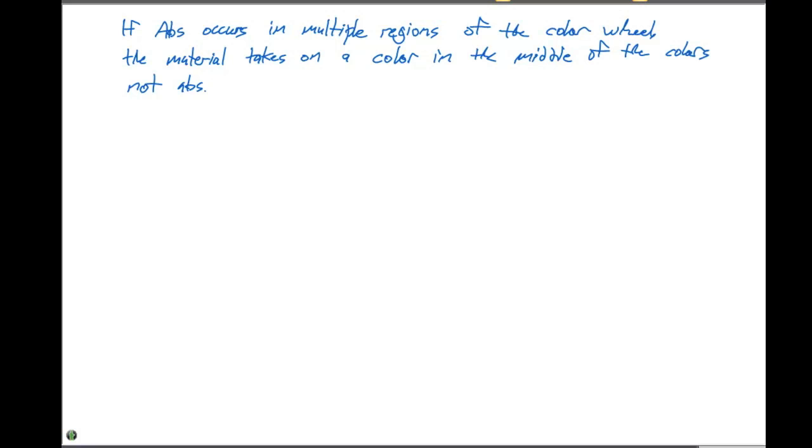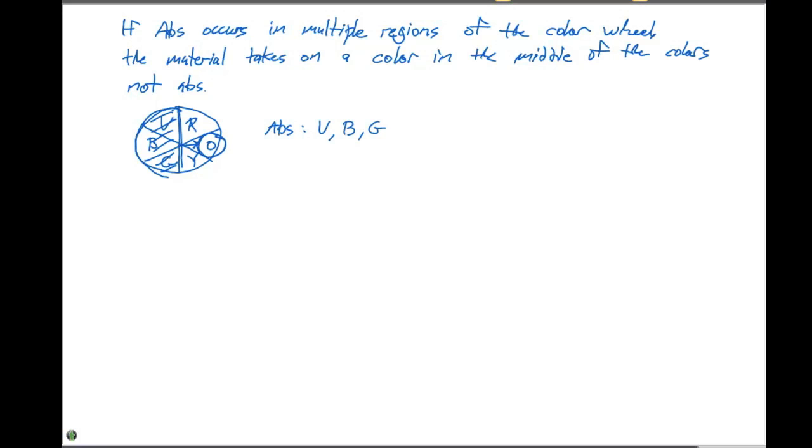I'll throw the color wheel back out here. If, for instance, we absorb violet, blue, and green, what would our color look like? We look at the color wheel, and we're going to absorb all three of these over here. That means the color to our eye is going to be the middle color of those not absorbed, in this case, orange.